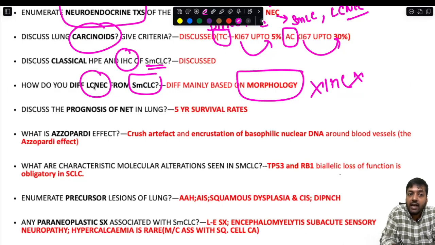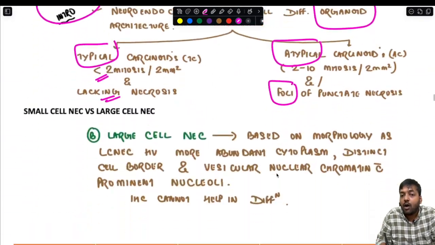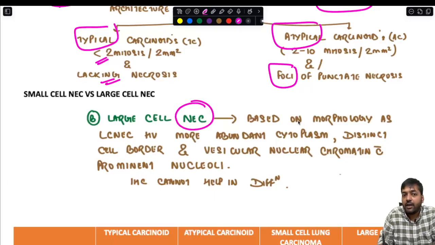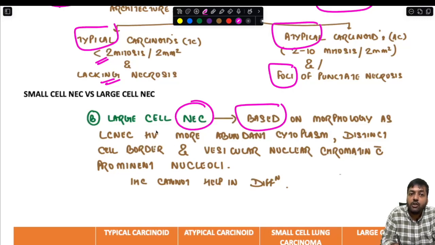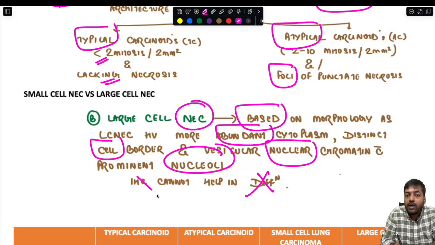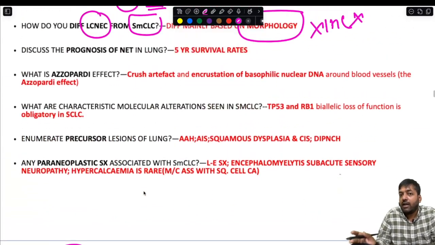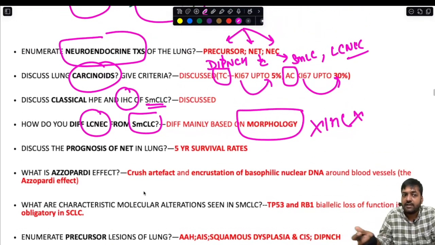Large cell neuroendocrine carcinoma has more abundant cytoplasm, distinct cell borders, and vesicular nuclear chromatin with prominent nucleoli. So it is based on the morphology that I have already discussed.